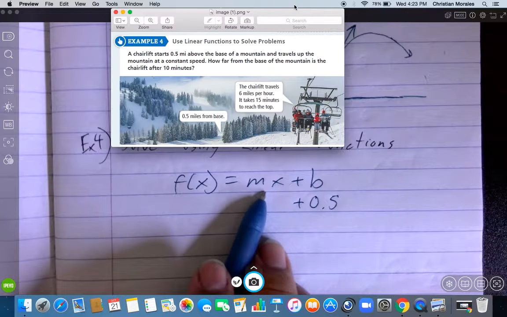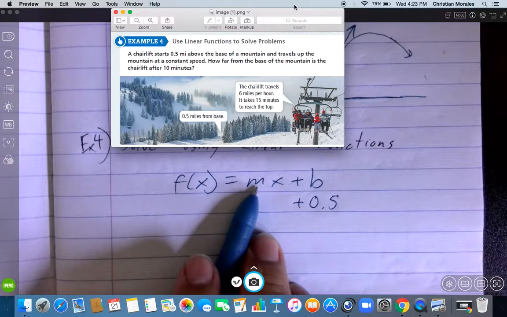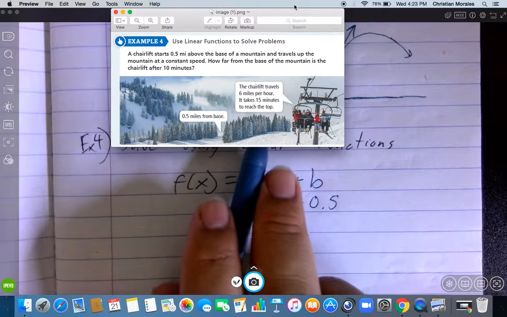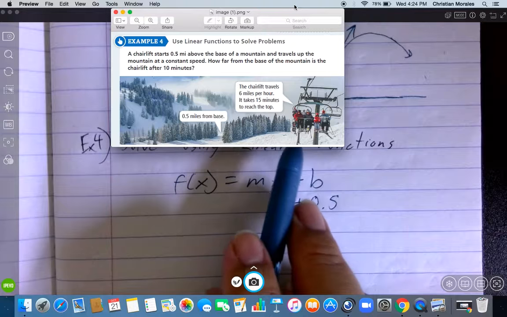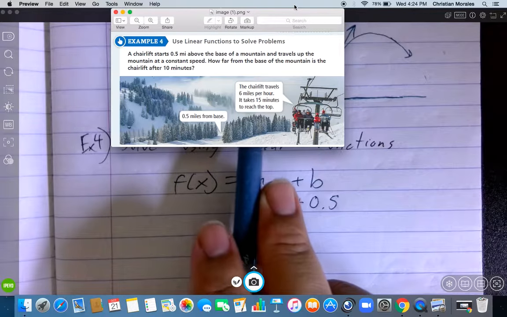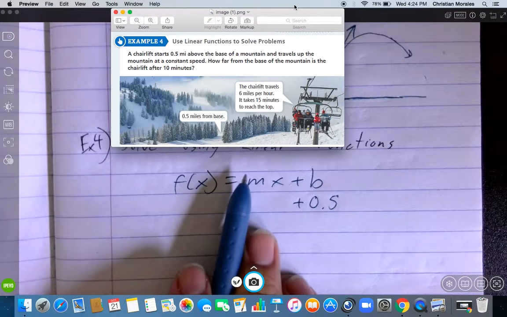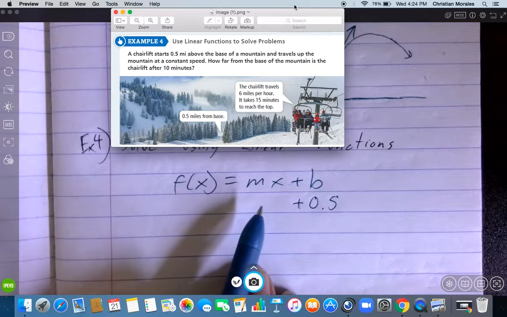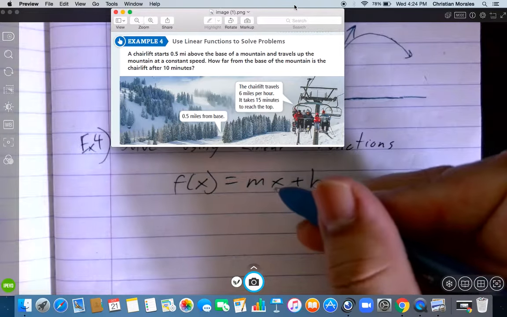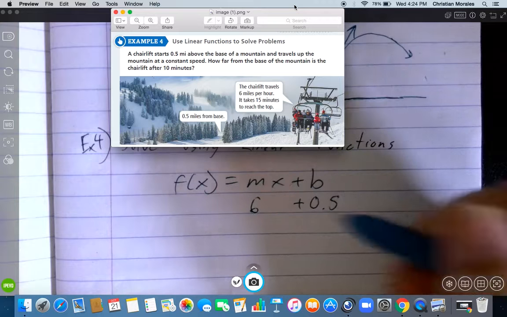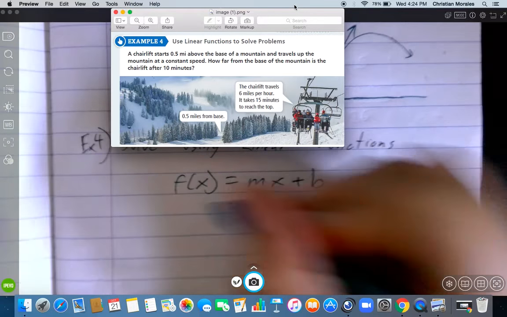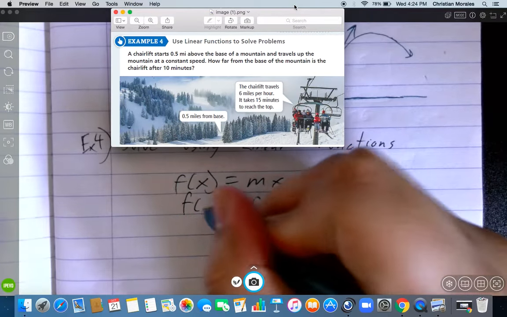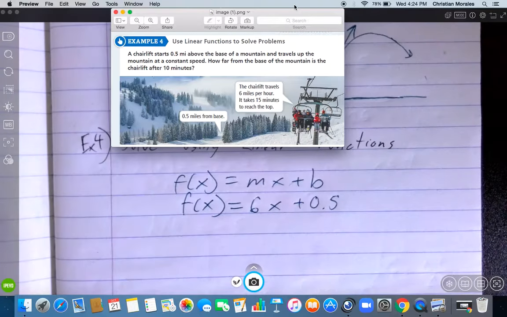We need the m. The thing is here, the m is talking about 6 miles per hour. It's going 6 miles per hour. Okay, so then that would be 6. Okay, so there's our function. Now you would think we're good to go.